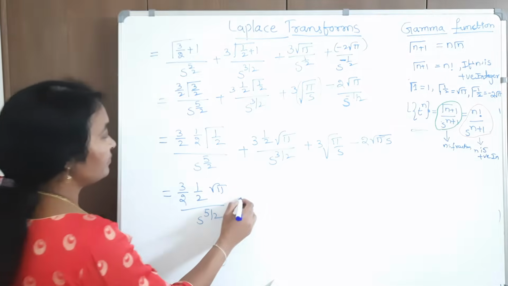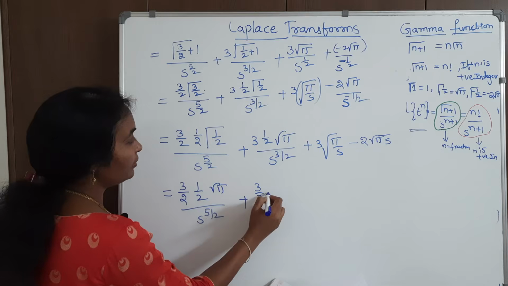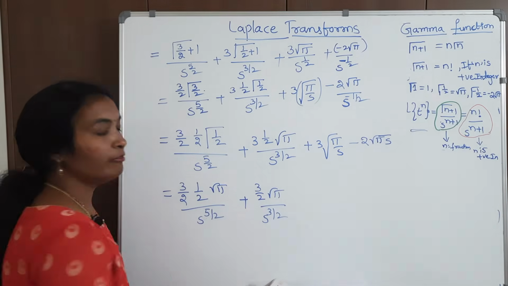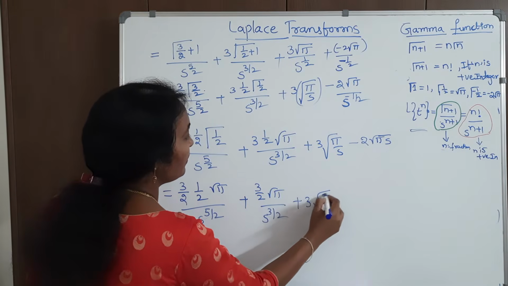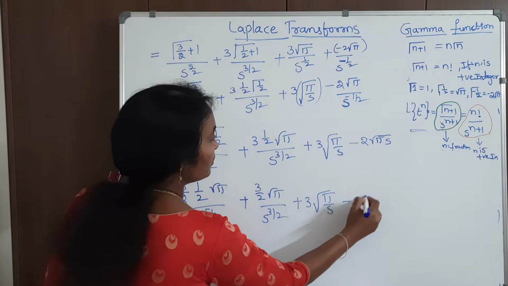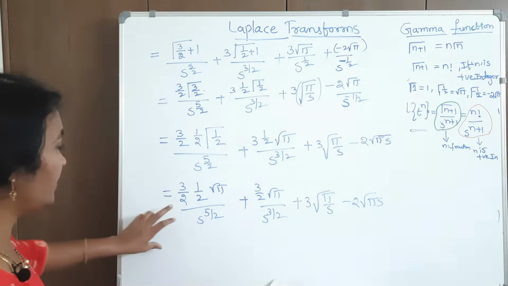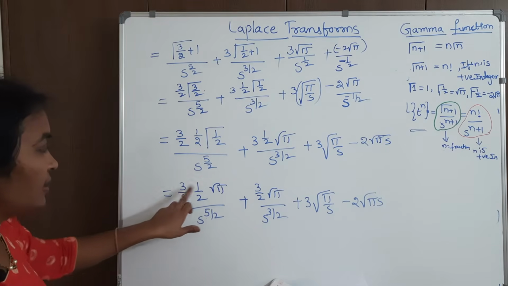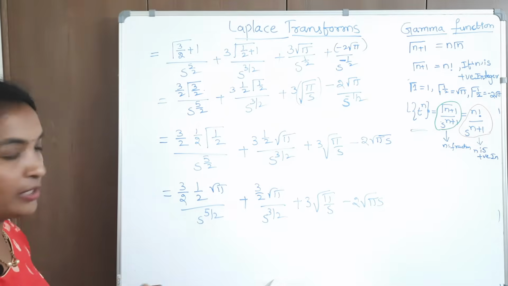Okay ma, 3/2 root pi by s to the power of 3/2. Now this will 3 root pi by s, 2 root pi s. Simplify this, 3/4 s to the power of 5/2.